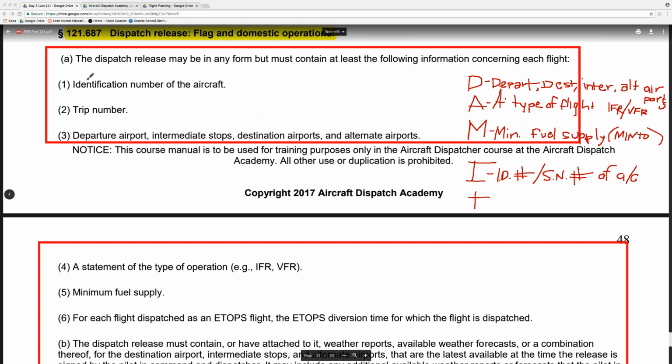Okay, so identify. If you guys look over at this list, you're seeing that we're hitting all the points in this, right? So the last one is our trip number, or flight number.